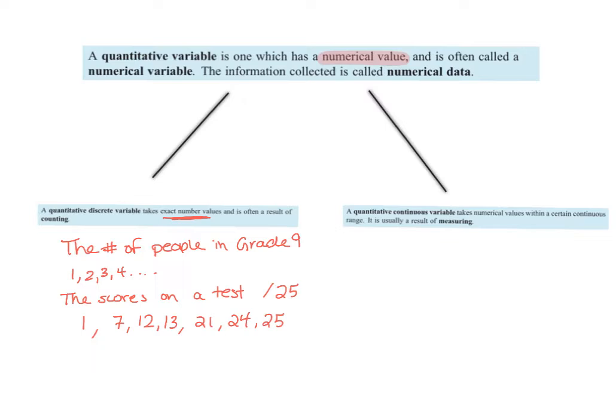So those are quantitative discrete variables. On the flip side of this, there are quantitative continuous variables. These take numerical values within continuous ranges, and it's usually a result of measuring. If we think about measuring the heights of people in grade 9, we might say that people are between 140 centimeters and 160 centimeters in all of grade 9.